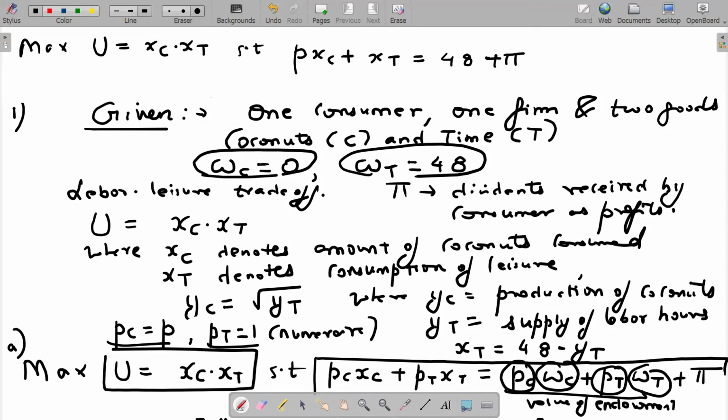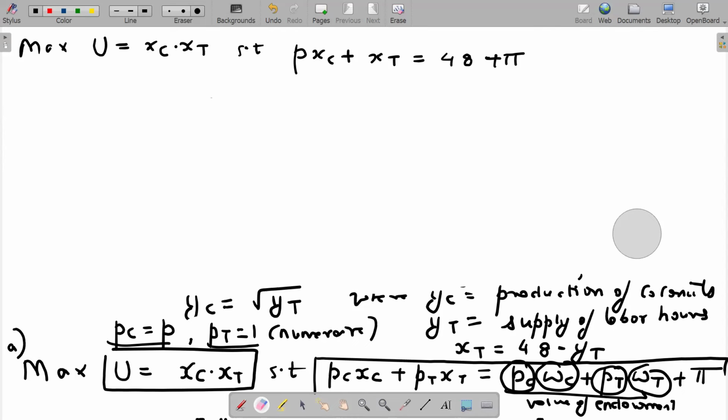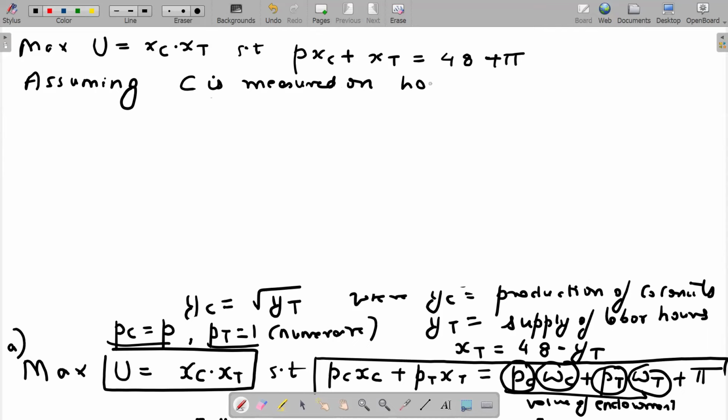Okay, so now assuming that XT is measured on the horizontal axis and XC is measured on the vertical axis, so I go by that assumption: C is measured on the vertical axis, and T is measured on the horizontal axis.